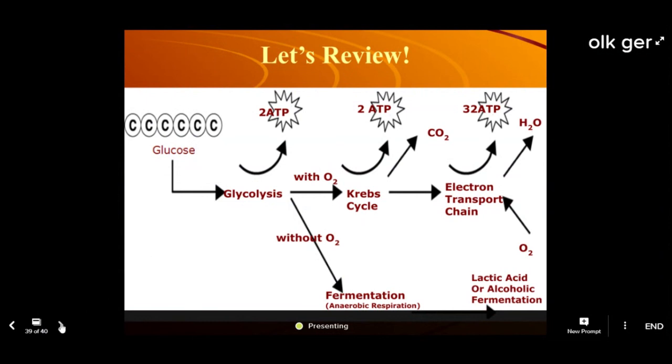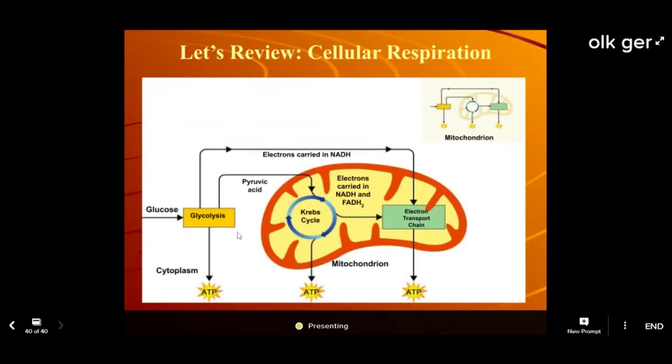And then here's a simple way it happens. Glycolysis always occurs in the cytoplasm, and if we have oxygen, we move into the mitochondria, and that's aerobic respiration. Or if we don't, glycolysis just happens, and we go on through anaerobic cellular respiration.